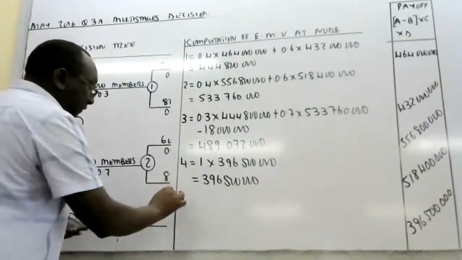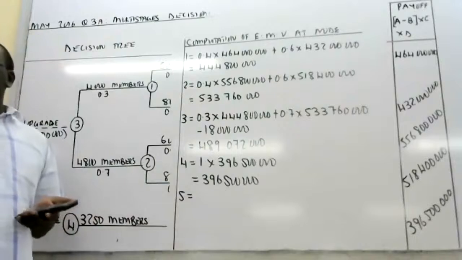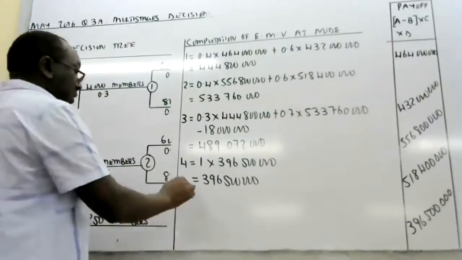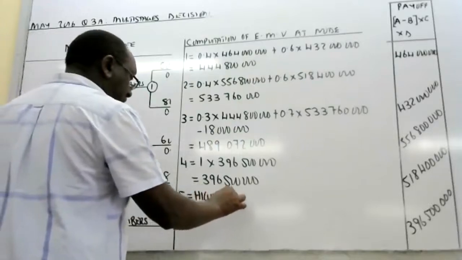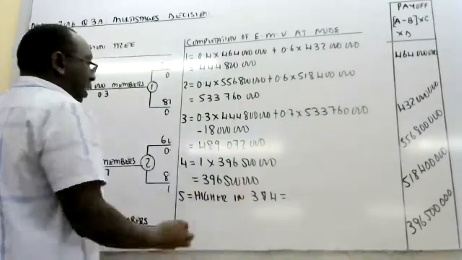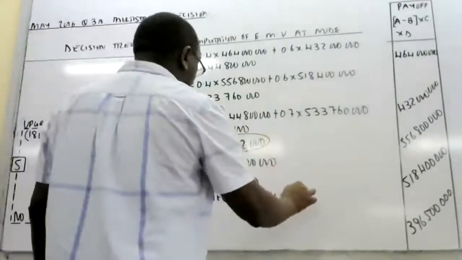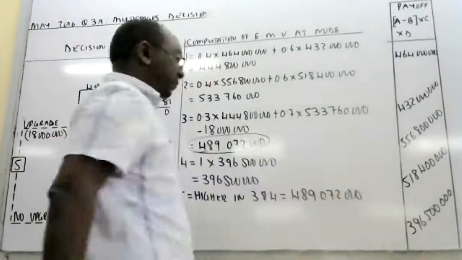When we go to number 5, it's a case of selection because you can see these are options. So it is the higher EMV in 3 and 4. Now 3 and 4, the higher is this one. So it is 489,072,000.